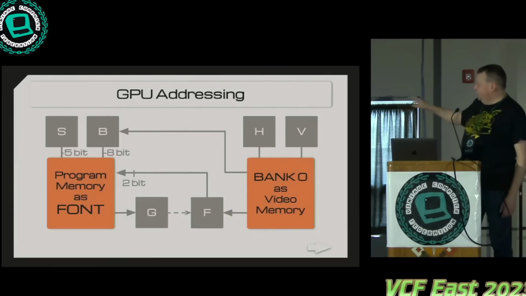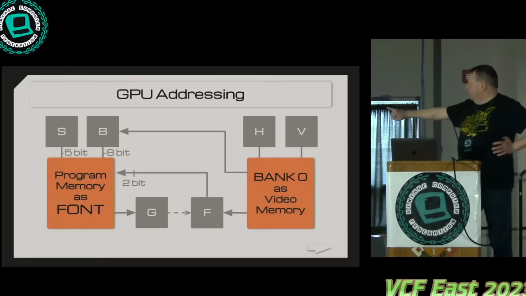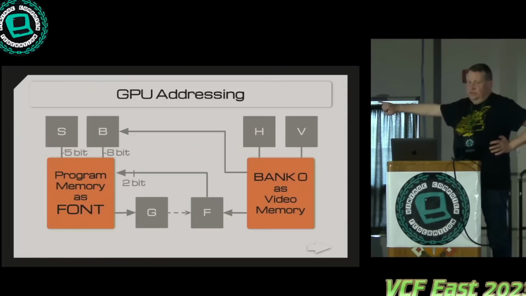So that's what the GPU addressing looks like. There's actually 32K that's used. There's a thing I call the scan register. It's updated by the CPU, but it's reading the font's glyph lines. You can have an 8 by 8-bit font, and there's also 8 by 16.